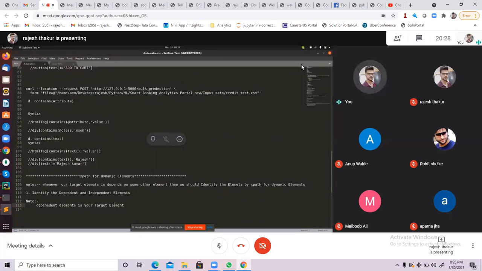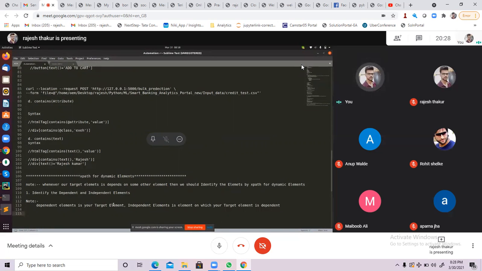Independent element is an element on which your target element is dependent. ठीक है, चलो.